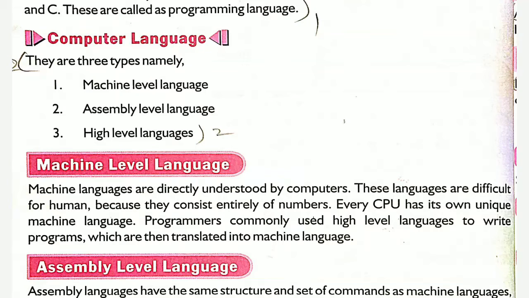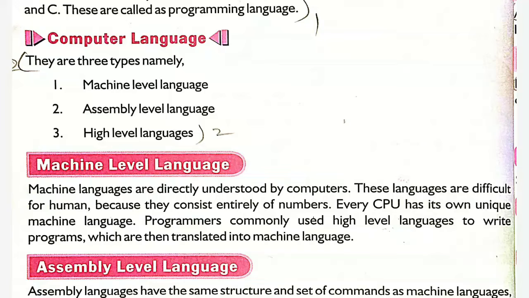Okay, so we human beings have a language to communicate with each other, to share some information. Okay, so like that, if you want to communicate with the computer, then you have to know the languages which are processed by the computer.